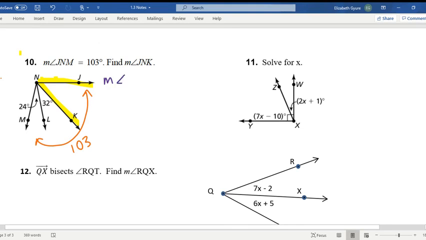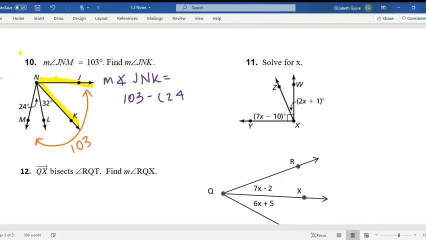So the measure of angle JNK equals, I'm going to take 103 and subtract what I have, which is 24 plus 32. Now you can always add your 24 plus 32 separately and then subtract it out. I just kind of like to write it all out at once for you guys. So that would be 103 minus 56, which is going to give us 47 degrees.